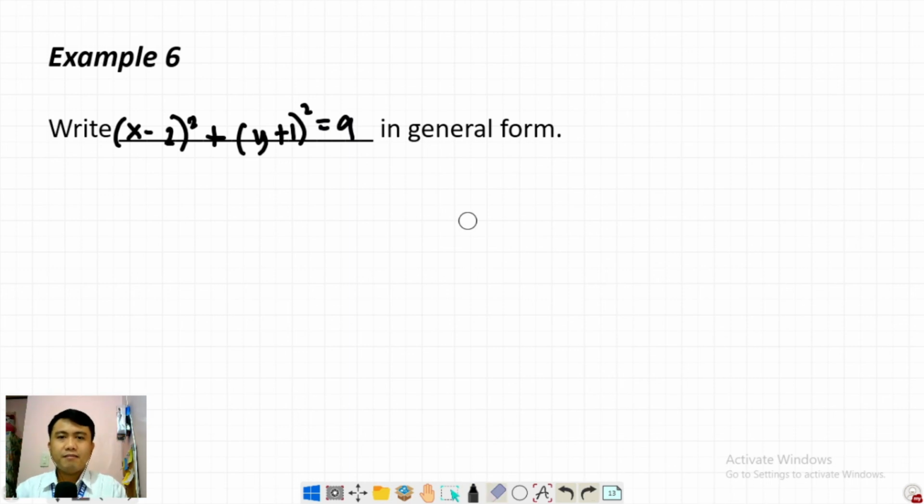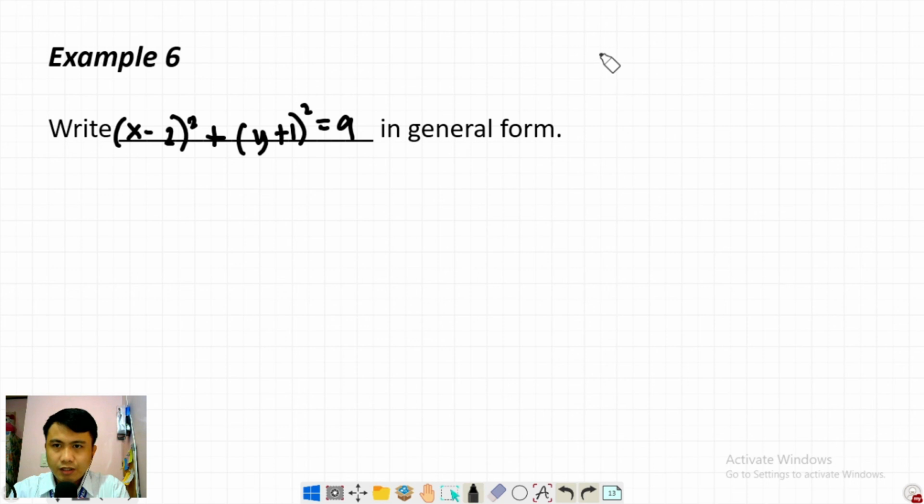Yan. So this time, kakaiba naman. Ang gagawin natin is to write the equation of a circle in standard form to general form. At paano natin gagawin yan? Ano ba itsura ulit ng general form? Okay, let us see again.